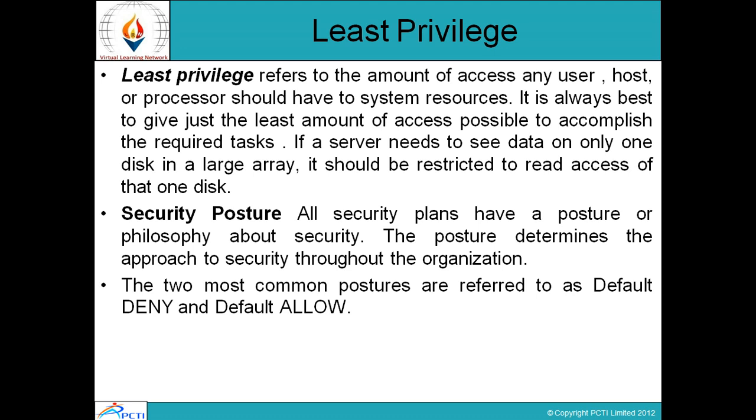What is the basic meaning of deny and allow? First, default deny: if something is not explicitly allowed, it is immediately denied. The default action for all security operations is to disallow access to resources, and least privilege encompasses default deny. This is a more secure posture. Default allow is the opposite.